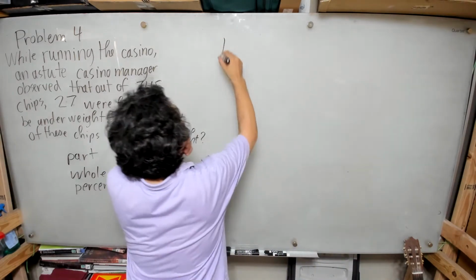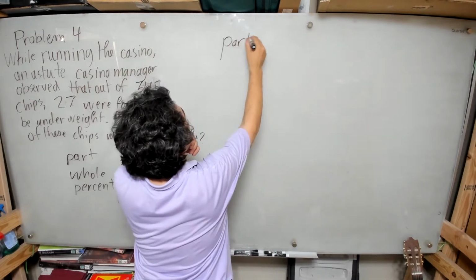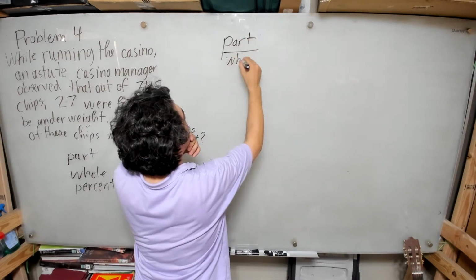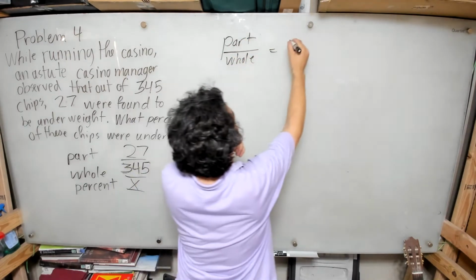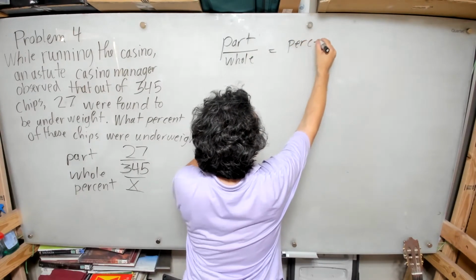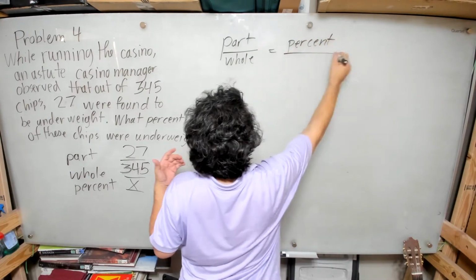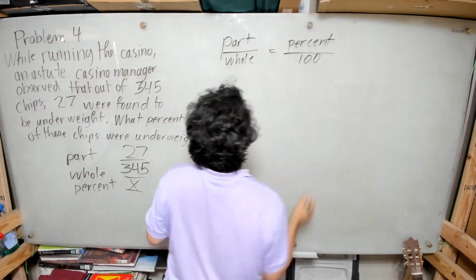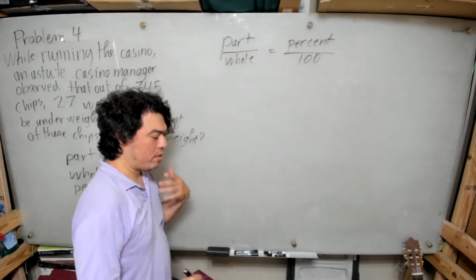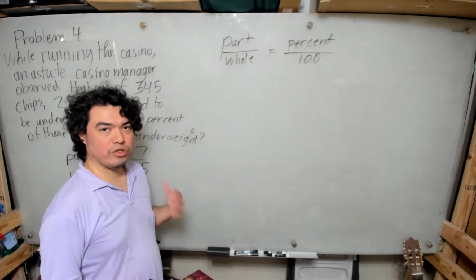We recall that the part over the whole is equal to the percent. And by the way, I know you guys are probably already getting tired of hearing me say it over and over again, but by repetition, it'll also be drilled into your brain.